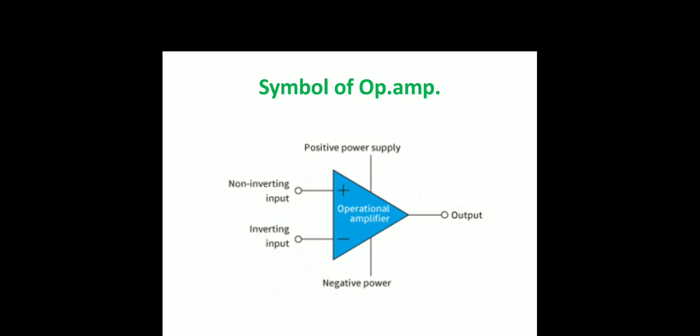An ideal op amp represents a perfect voltage amplifier and is often referred to as a voltage controlled voltage source device.